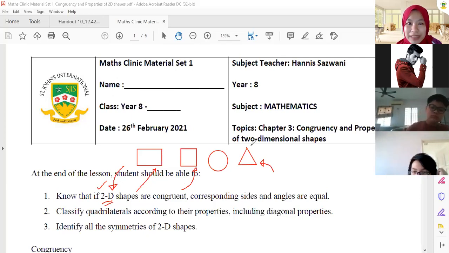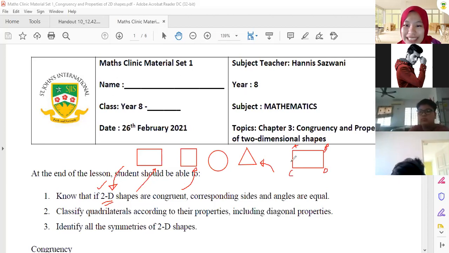For example, when you are having two rectangles here, let's say this rectangle is rectangle ABCD. So this side AC is a side of this rectangle.